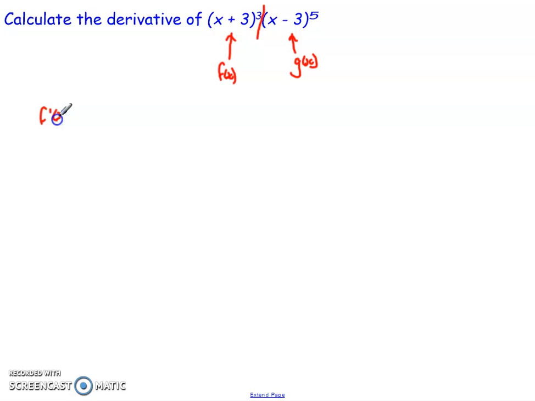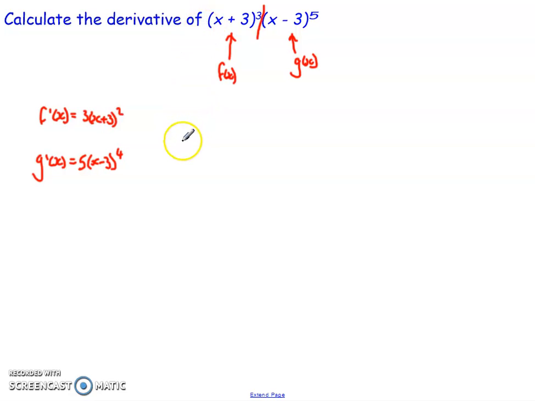We then calculate two derivatives, so f dashed of x is going to equal 3(x + 3)^2, and the g dashed of x, that's going to equal 5(x - 3)^4. Then we just plug it all together in the formula.